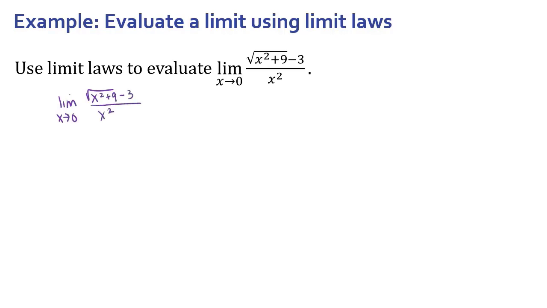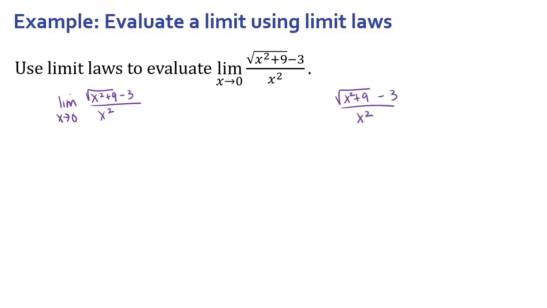x squared. All right, so to be able to simplify this, or to change around what it looks like, let's take the square root. Let's just do this on the side. I think it'll be a little bit easier to find this other function.